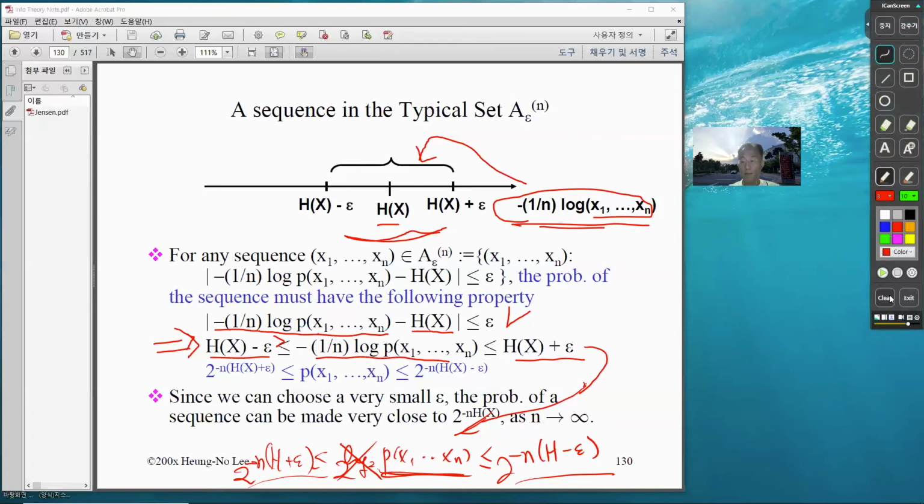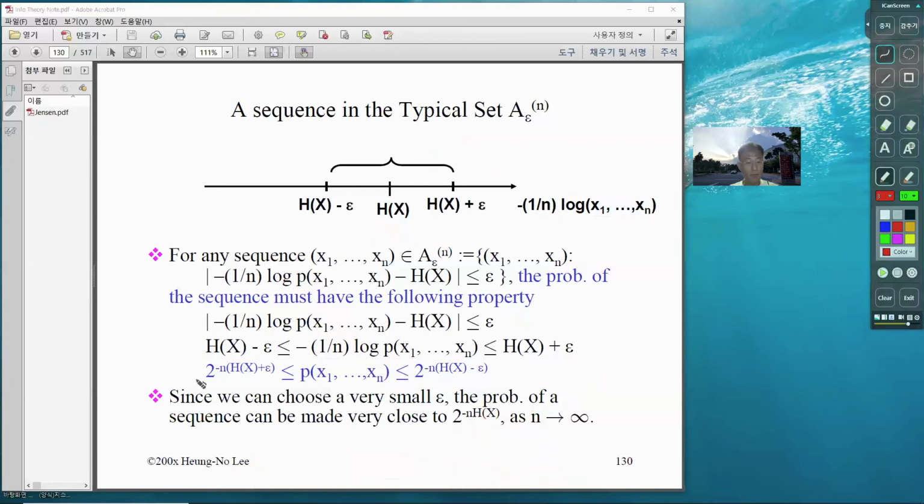All right, once I have done that, this relation holds just with a simple manipulation of inequalities. So for any sequence X within the typical set, this must hold.